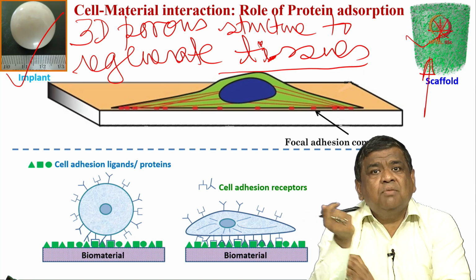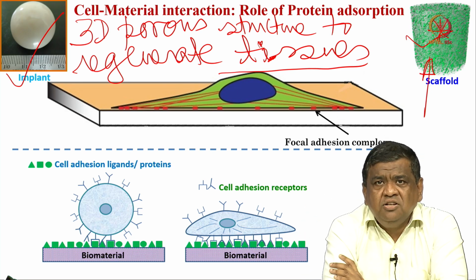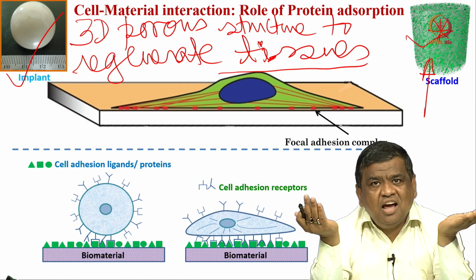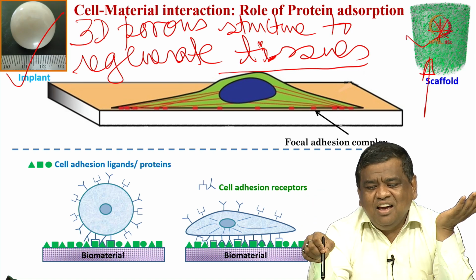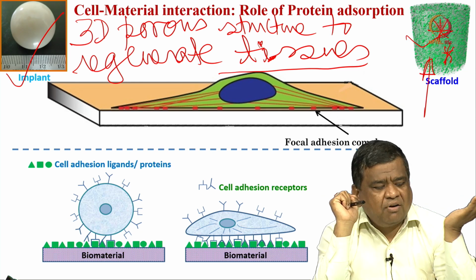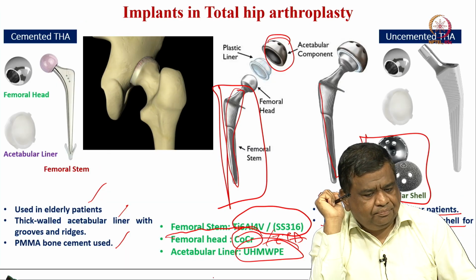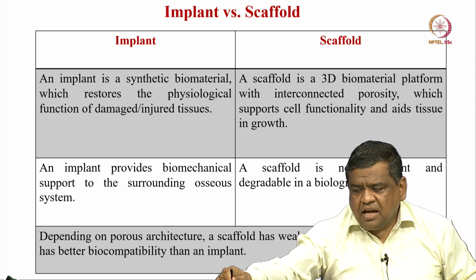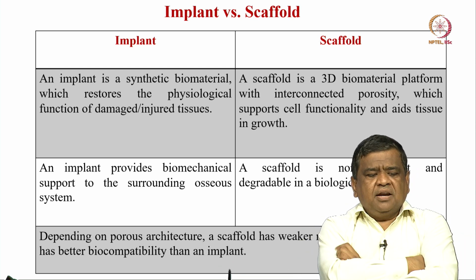That was the reason these 3D porous scaffolds have attracted a lot of attention in the scientific community, and this has led to the birth of tissue engineering, which essentially requires scaffolds. That is why I put the double star on this particular scaffold structure, right. So, in a nutshell, what is the difference between implant and scaffold?